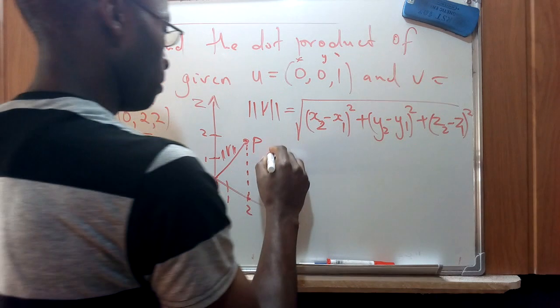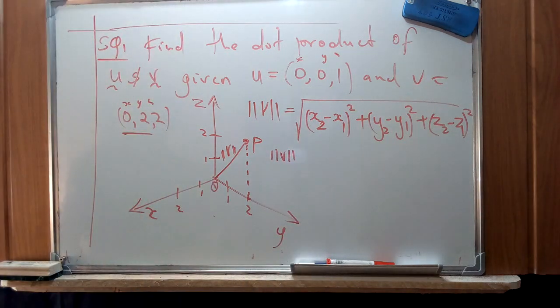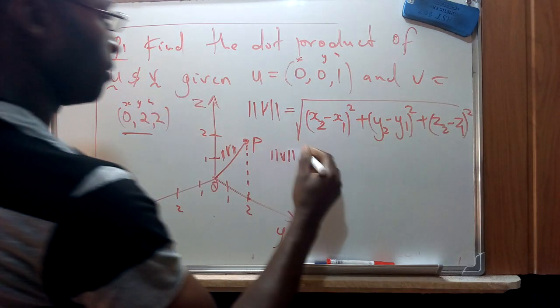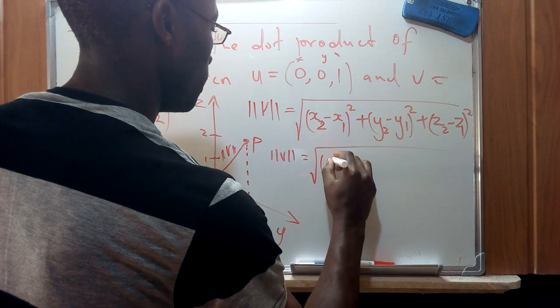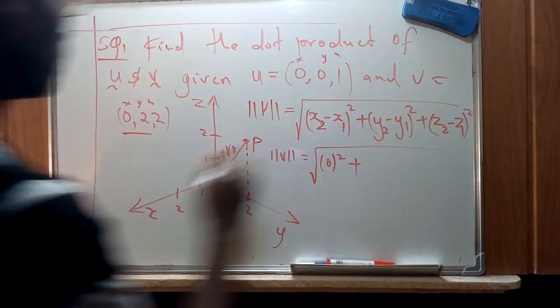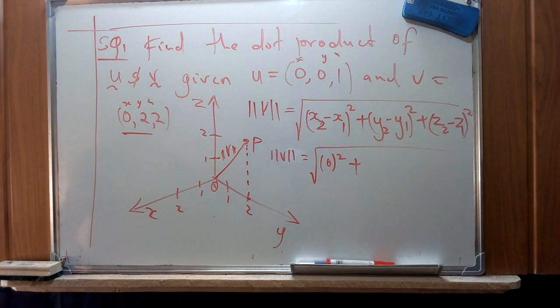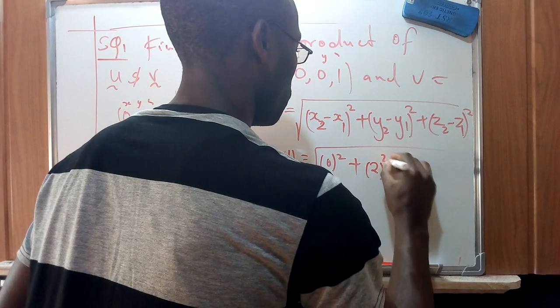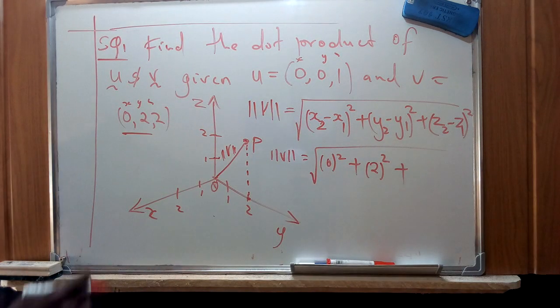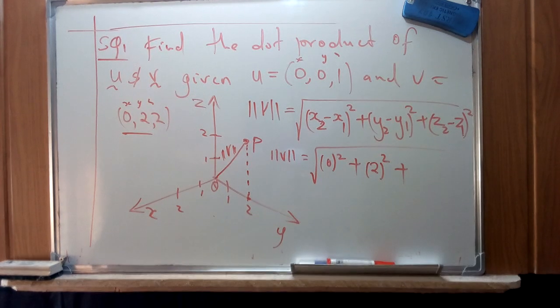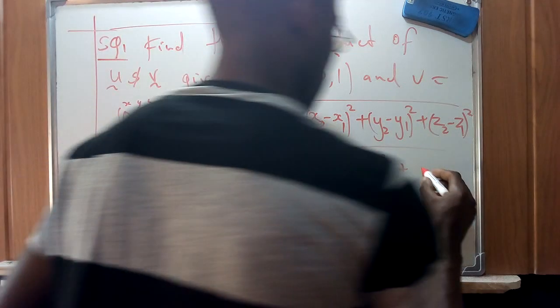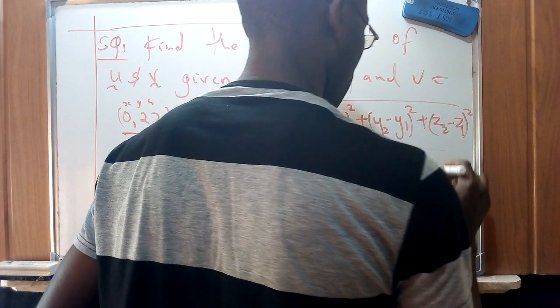For the norm of v, the change in x is 0 minus 0, which is 0 squared, plus the y component, 2 minus 0, which is 2 squared, plus the z component, 2 minus 1, which is 1 squared.